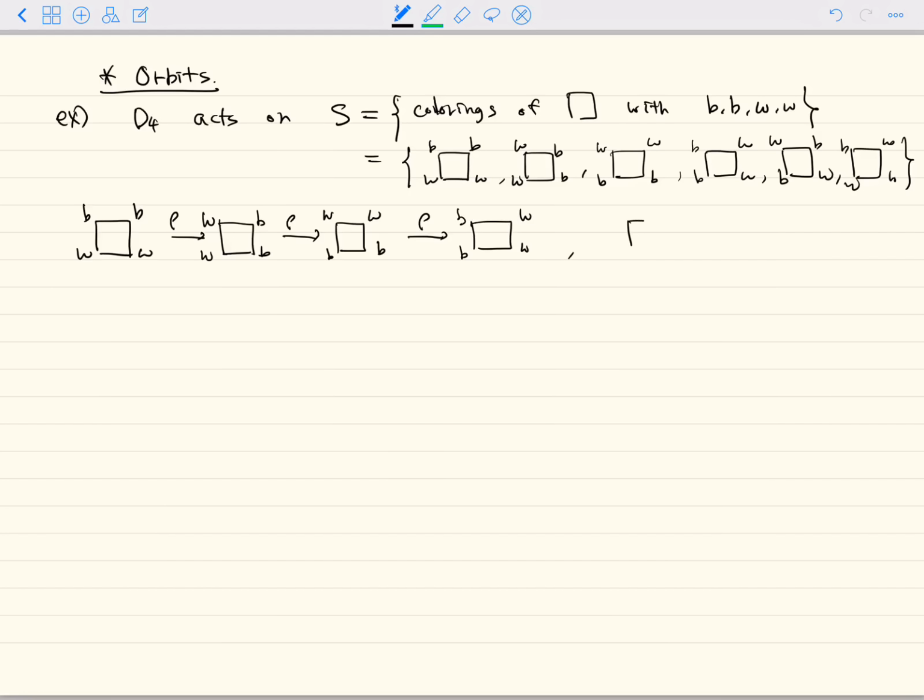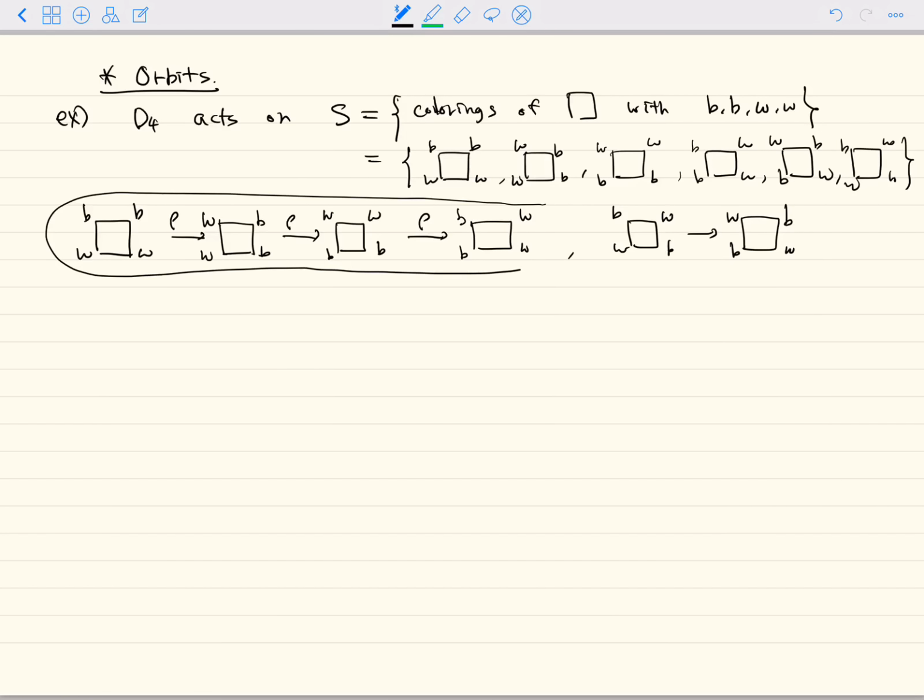And if you apply the rotation to this, B, W, B, W. So if you apply the group action, you can go from one coloring to another.